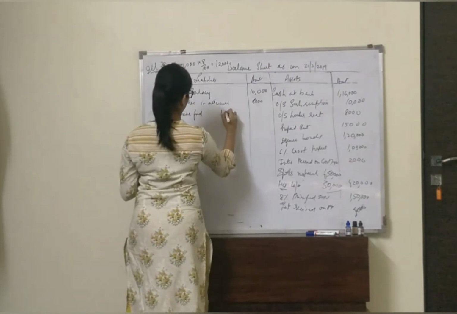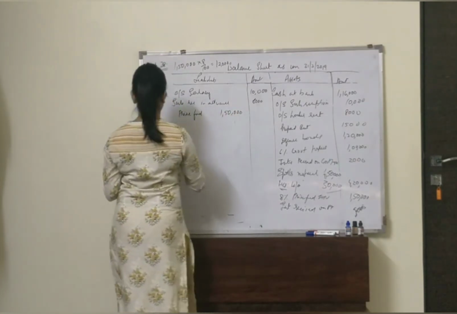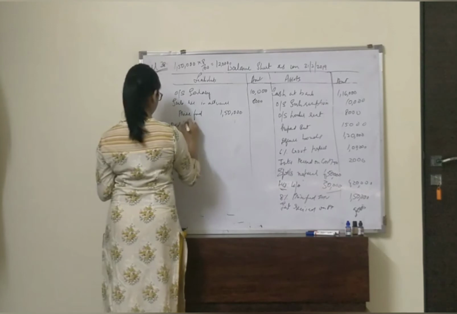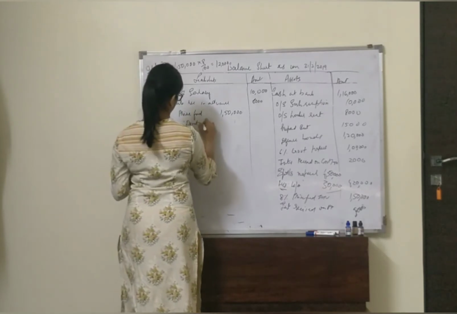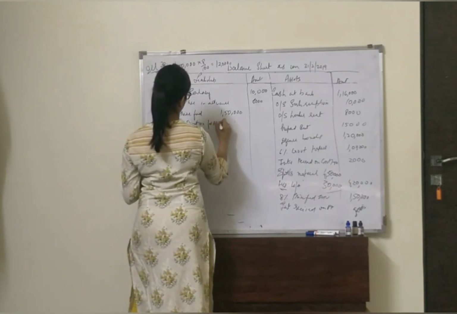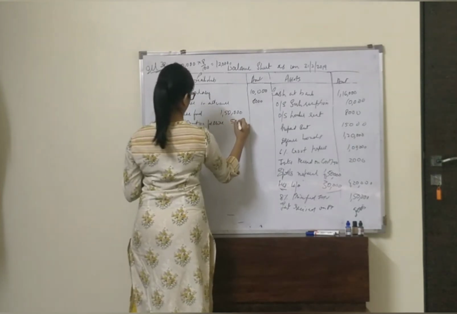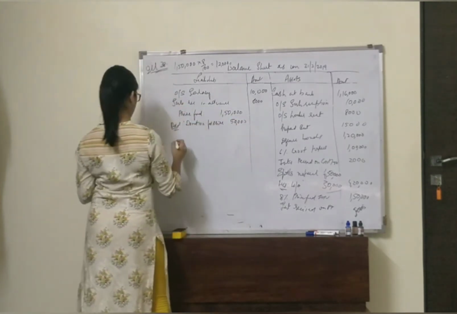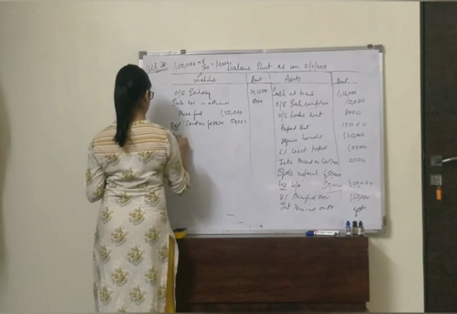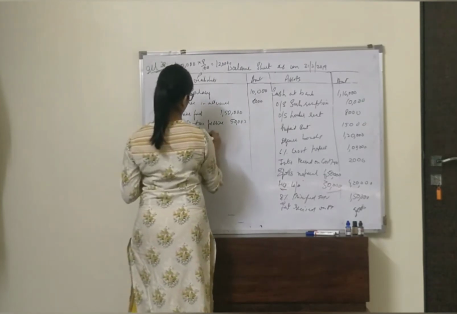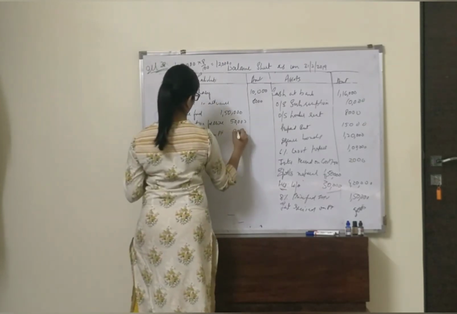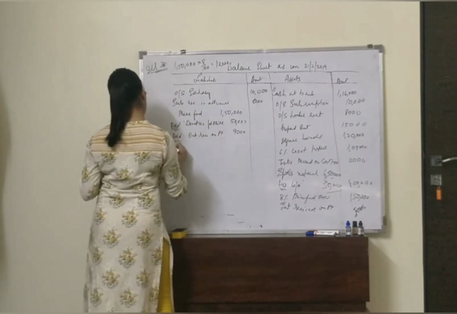How much is it? 1,50,000. Then we add donation for prize fund 50,000. Then we add interest received on prize fund 9,000.